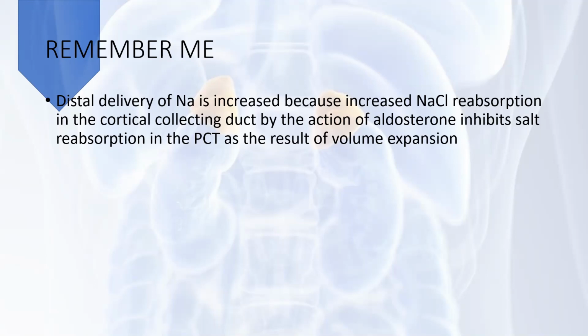Ulitin po natin. The distal delivery of the sodium is increased because increased sodium chloride reabsorption in the cortical collecting duct by the action of aldosterone inhibits salt reabsorption in the PCT as the result of volume expansion.